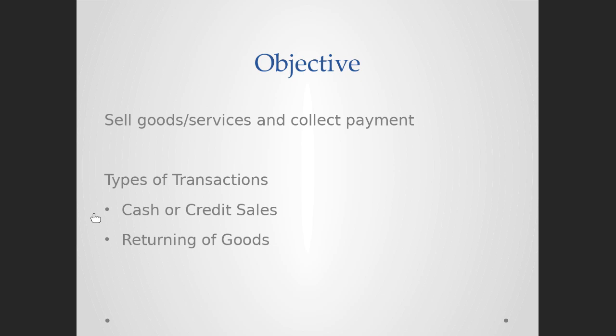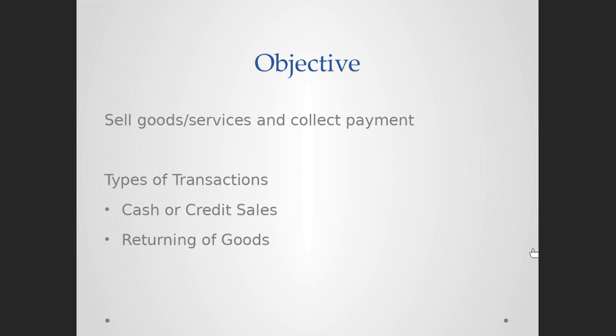The first type is sales. The sales can be cash sales or it can be credit sales. Here, credit sales does not mean sales with a credit card. It means that the sales has a debit to accounts receivable and a credit to the sales account.